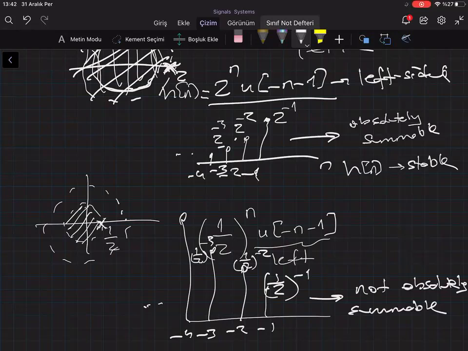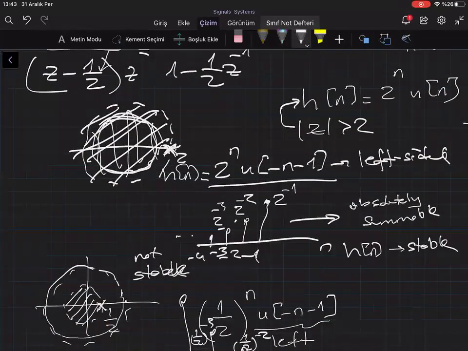So if I don't include the unit circle, it is not a stable system. If I include the unit circle, even if it is a left-sided sequence, it is still a stable system, okay?